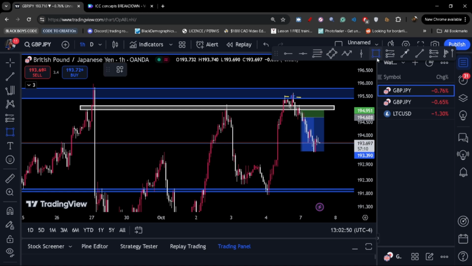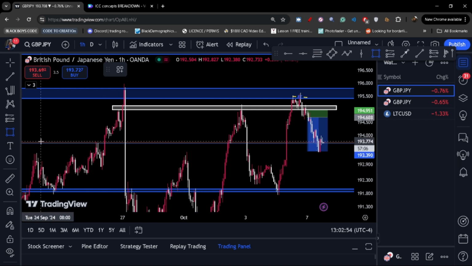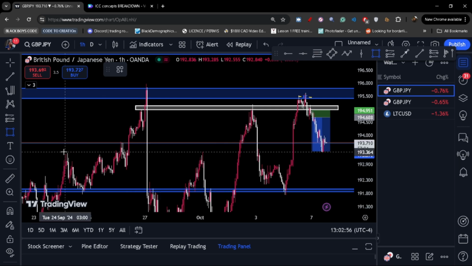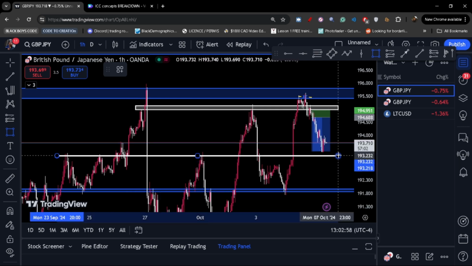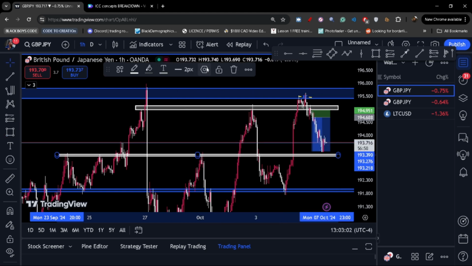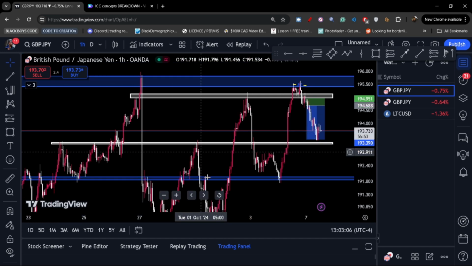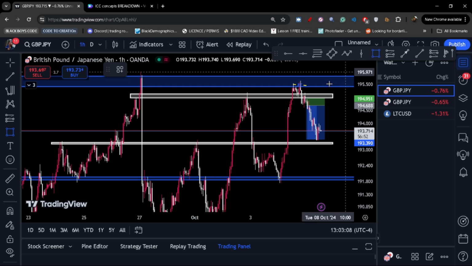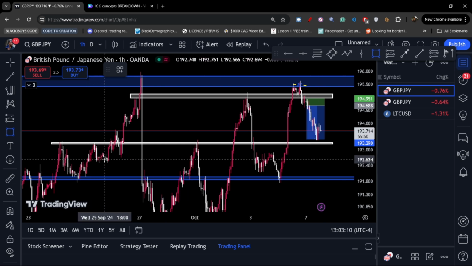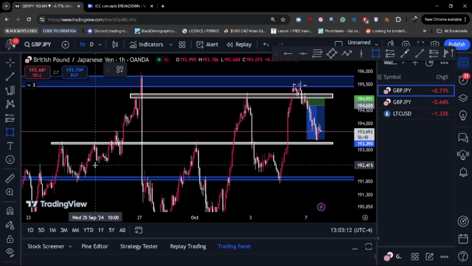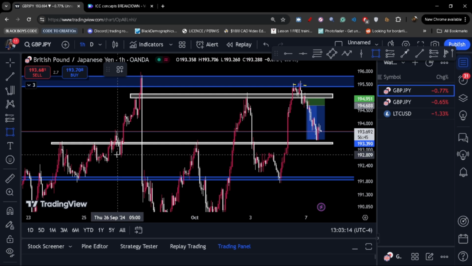And then another area of interest I see is this area of interest here, boom, like this. So something like this. Boom. Right, so as you can see, above this level, price is buying, below it, price is selling. And then also another area of interest I see is this area of interest here.